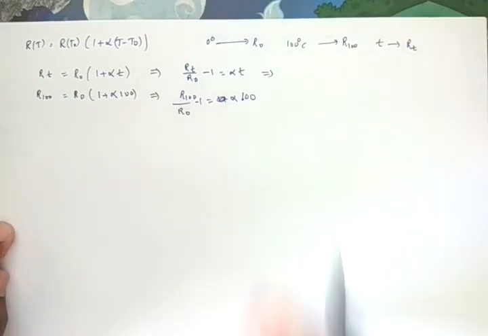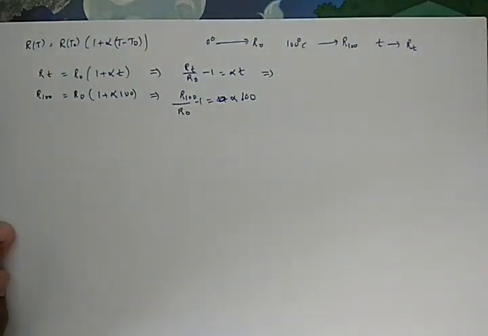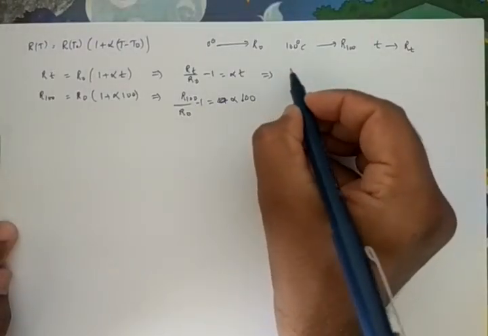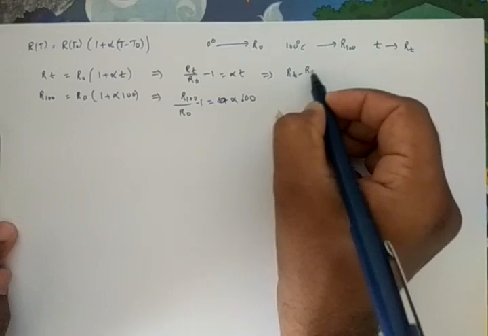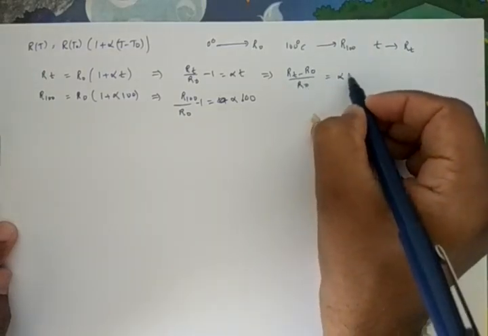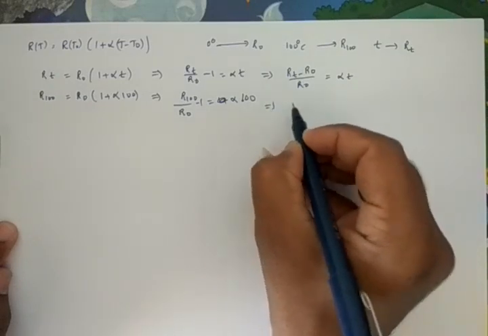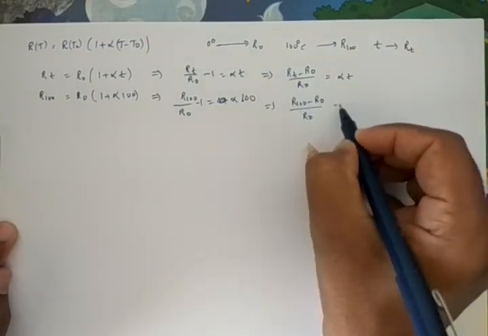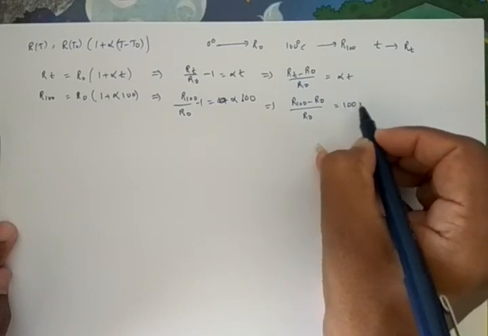So this implies (RT minus R0) by R0 equals alpha T, and (R100 minus R0) by R0 equals 100 alpha.